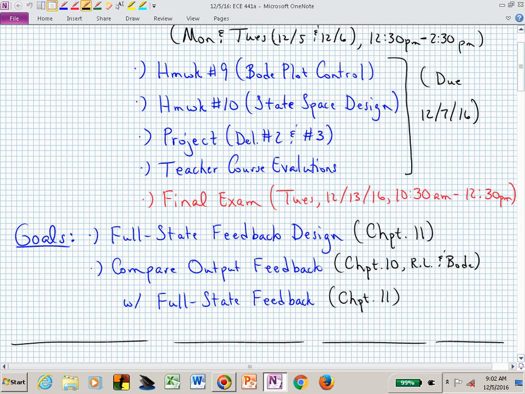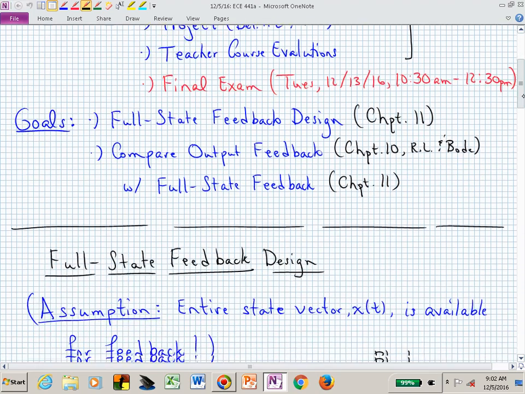We'll try to distribute all of that material across the entire semester. Jumping right into full state feedback was maybe a little premature in connection with what we've already done. So after we briefly discuss the full state feedback overview, I want to compare output feedback with full state feedback and get your input on how those are different or how they are the same.